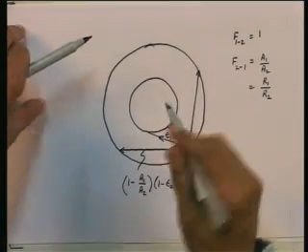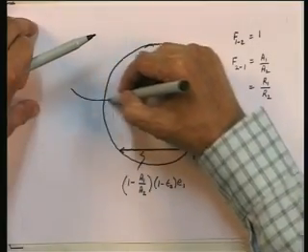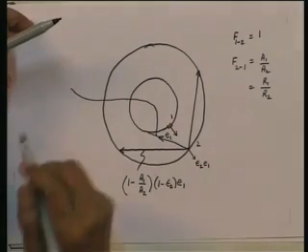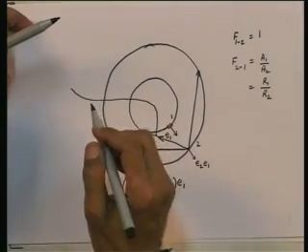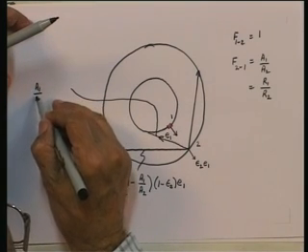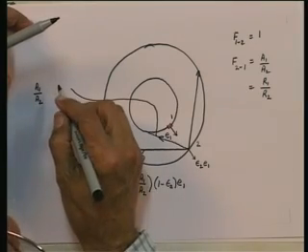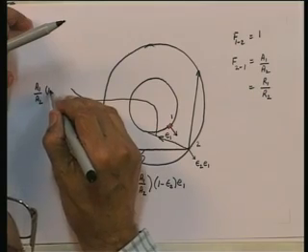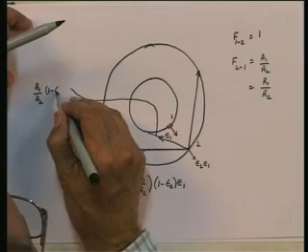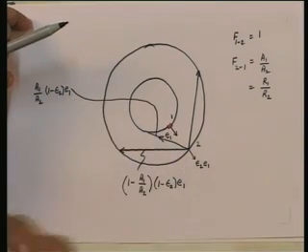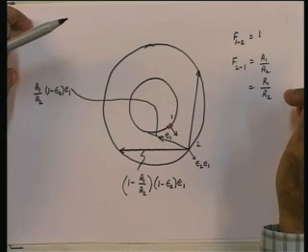So, that is going to be A1 upon A2 into 1 minus epsilon 2 into E1. Okay. That is the quantity that goes to the surface 1.